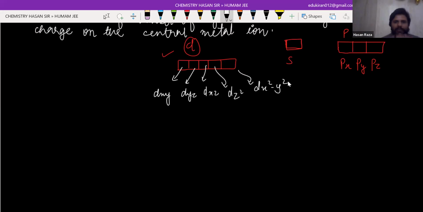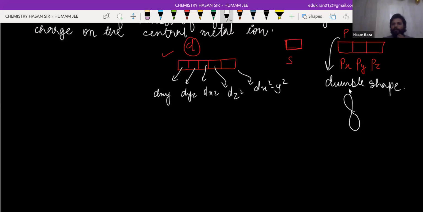These names are based on the axis in which the orbital exists. The p orbital has a dumbbell shape. Let's say this is your x-axis, this is your y-axis, and this is your z-axis.